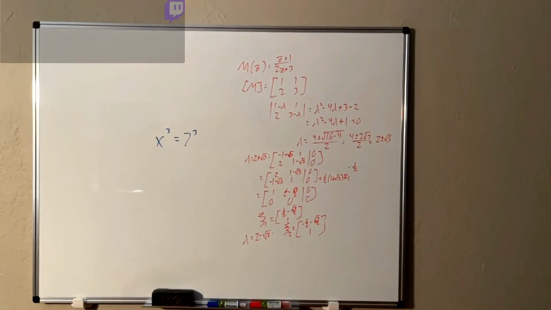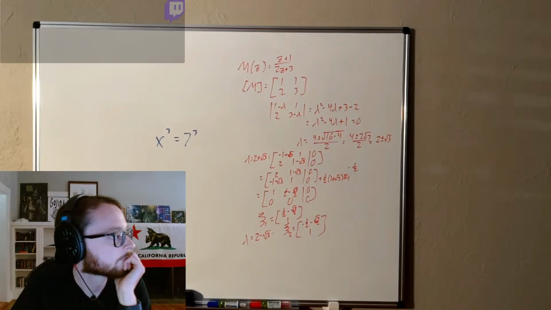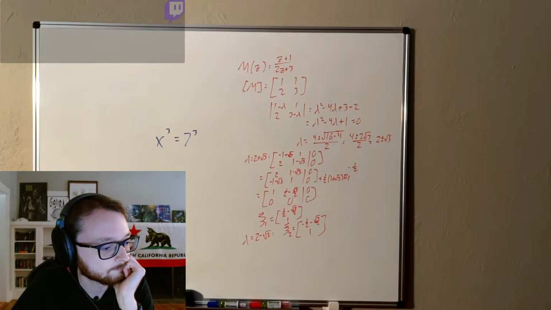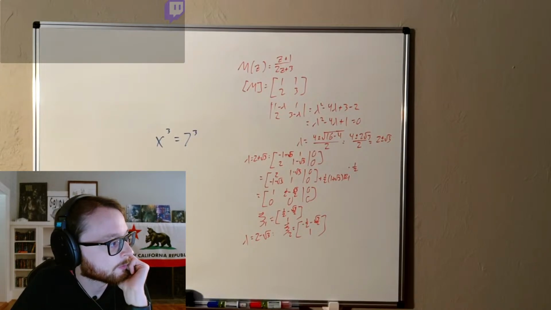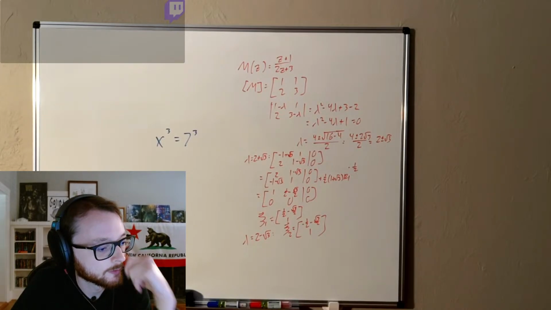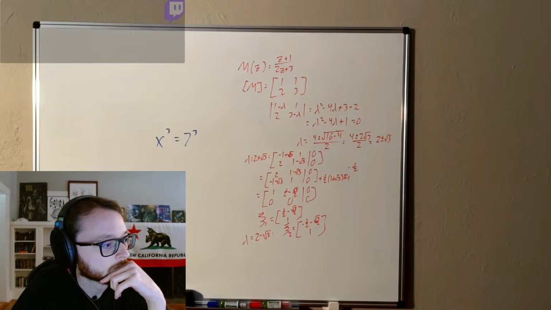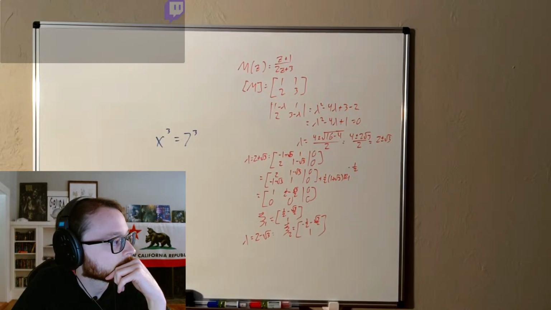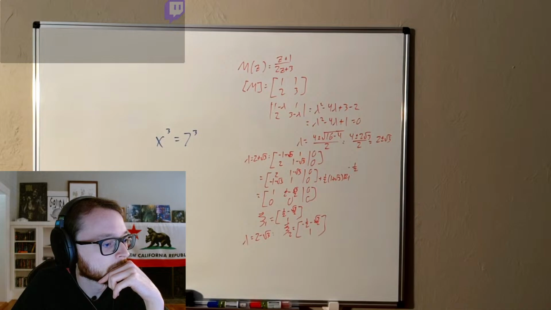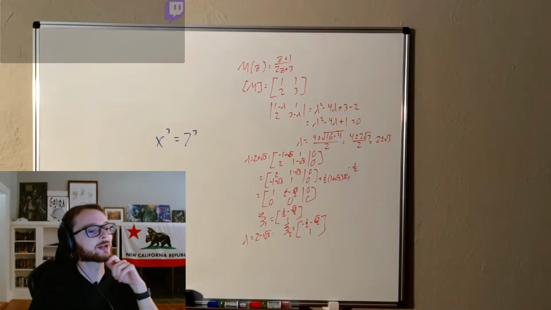I think it's just 7. But tell me if I'm interpreting the problem right, and then I can try to explain it more. Oh, imaginary roots.